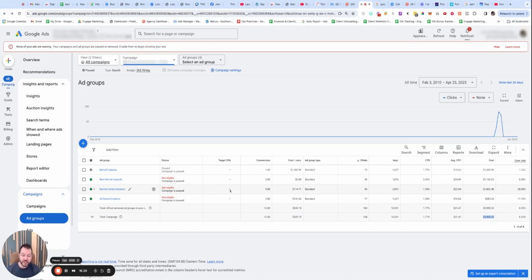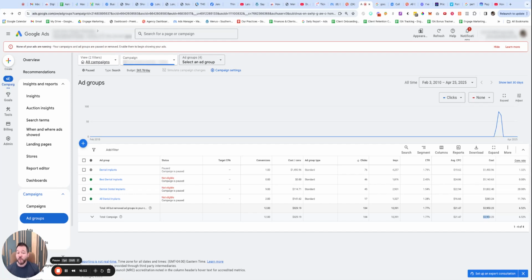We got some conversions. However, the conversions were not relevant to the actual client. So at the end of the day, the client spent about $4,000 and didn't really get much from it. We had 12 conversions on here. I don't know that any of these were actually a relevant conversion for the client that led to anything more than a wrong number call because, again, we were targeting broad match keywords.